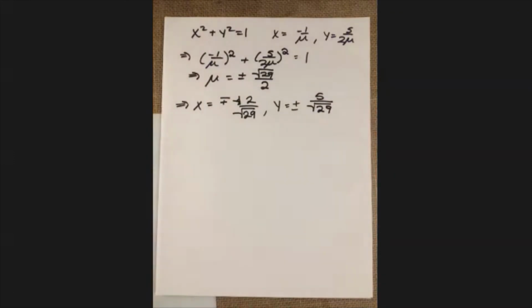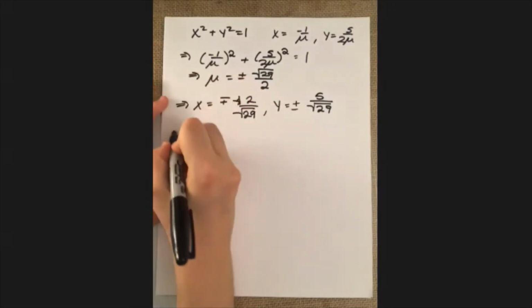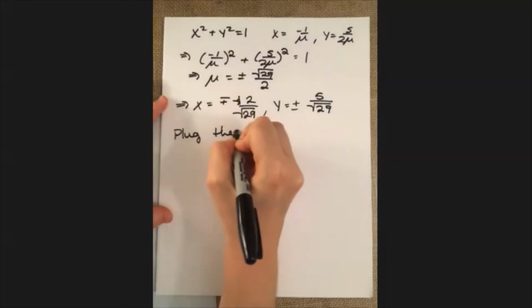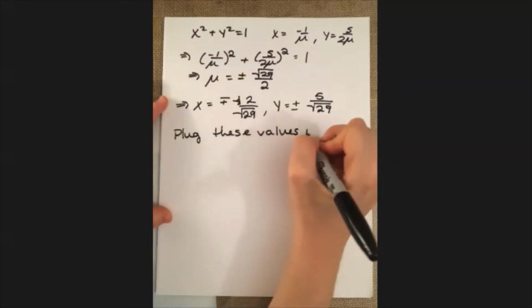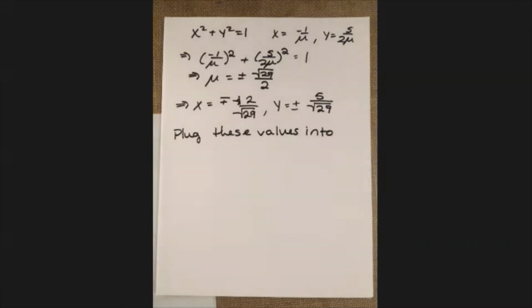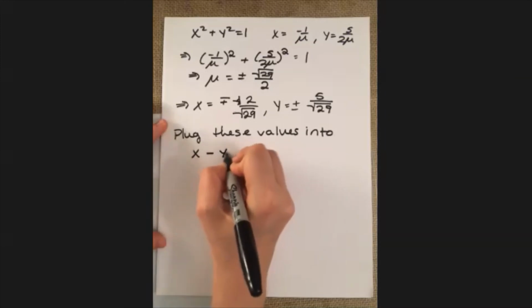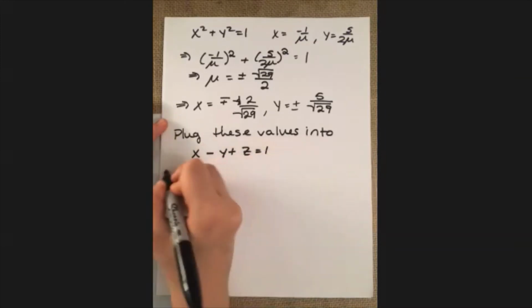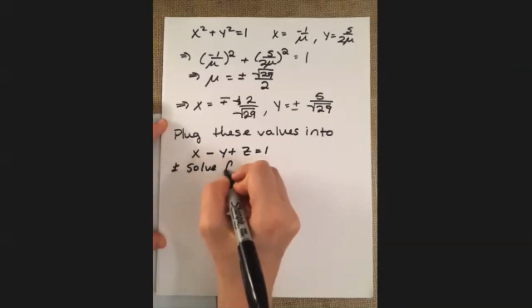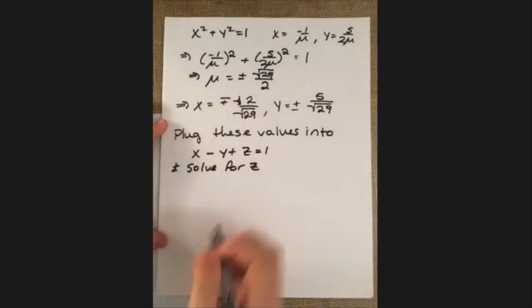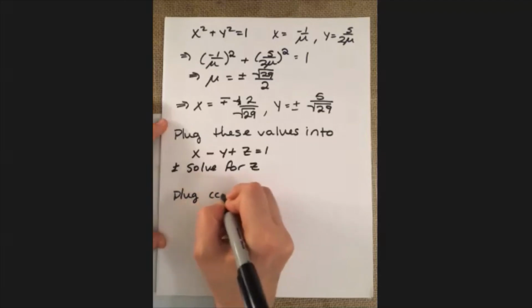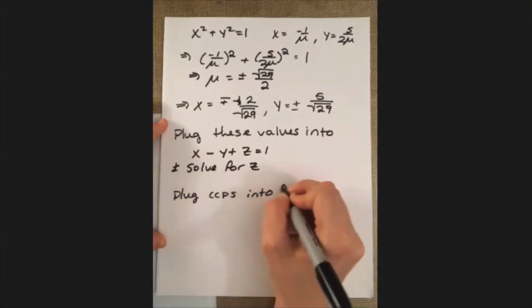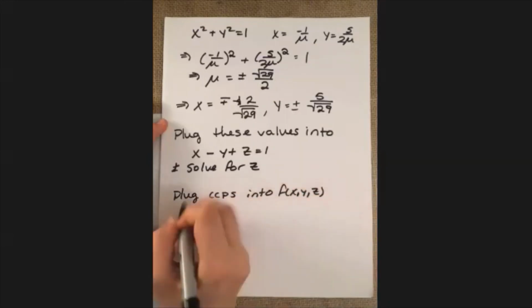Now that you have values for x and y, you can plug these values into the other constraint that we have not used yet, x minus y plus z equal to 1, and solve for z. Then you would plug the constrained critical points that you found into f of x, y, z to see which is largest.